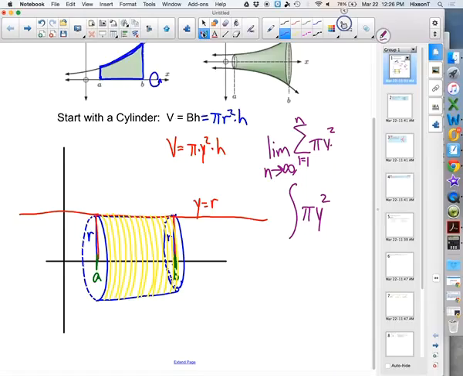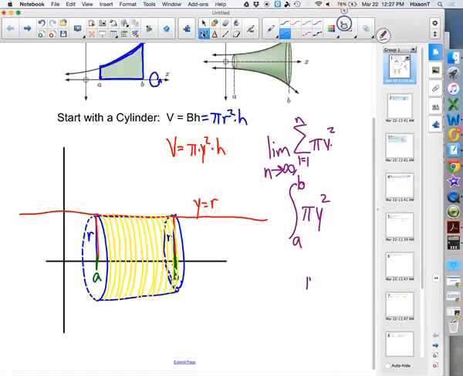And if I only want the volume going from a to b, I'm going to take the integral from a to b. So notice, pi y squared is just the area of a circle. That's why I said this formula is actually pretty easy to remember. Pi y squared, okay? That's how the IB book gives it.